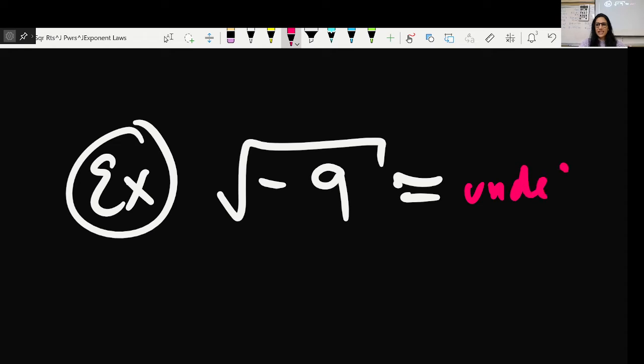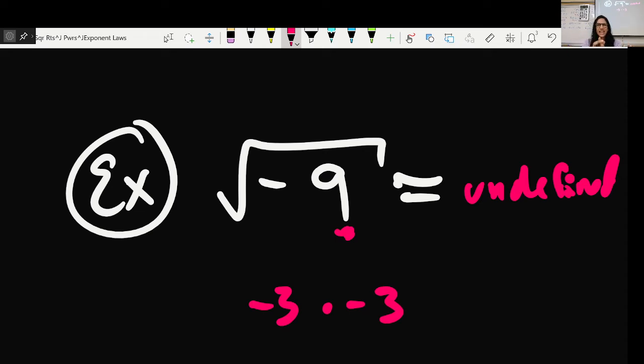We would say it's undefined, and that just means you can't, because if you just look at the 9, what number comes to mind? What are you thinking of? 3, right? But there's a negative in front. So if we did -3 times -3, what's the answer to that?